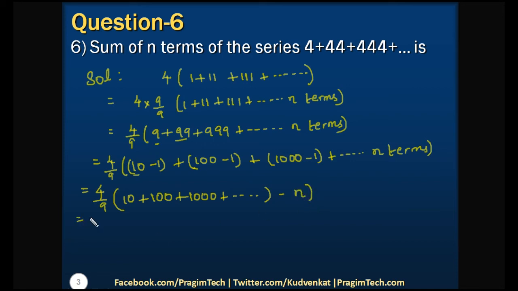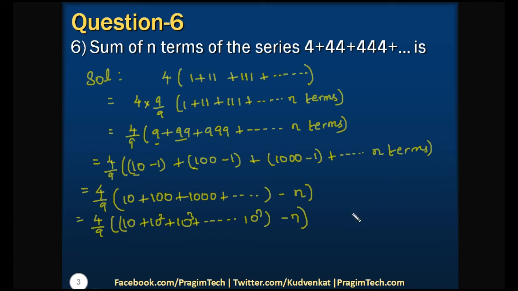So this will be equal to 4 by 9. Here this is 10, 10 square, 10 cube and so on up to n terms, so we'll represent it as 10 to the power of n minus n, right? Now this is in the form of a sum of n terms with a as 10 and common ratio 10 square divided by 10, which is 10.